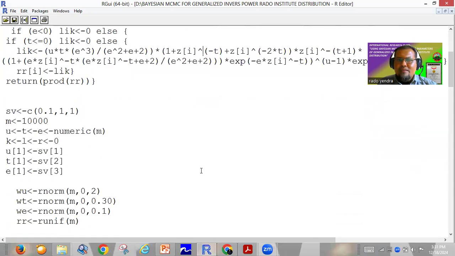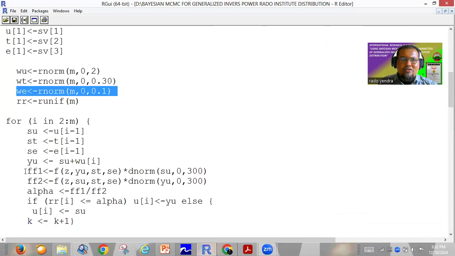So we give some information. For example, this is the prior of the parameter beta, this is the prior of the parameter alpha, and this one is the prior of the parameter theta.